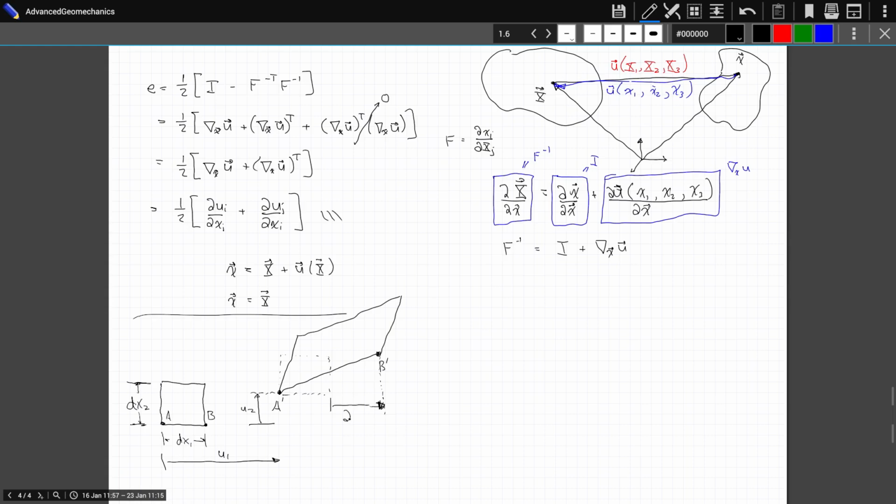That is partial U1 partial x1 times dx1. The distance it was stretched here is partial U2 partial x1 dx1.